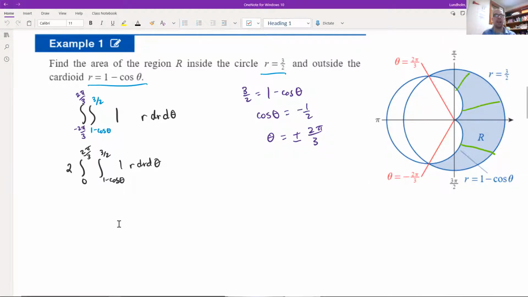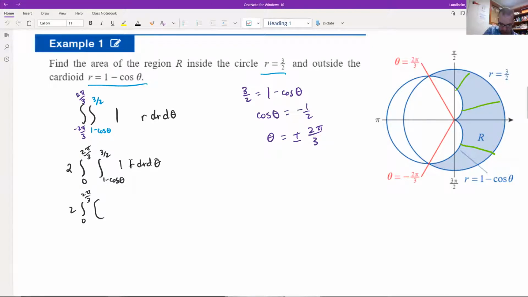So let's keep going. At this point, it should be fairly routine. We're going to take the integral of the inside, or the antiderivative, with respect to r, and the function that we have is r.